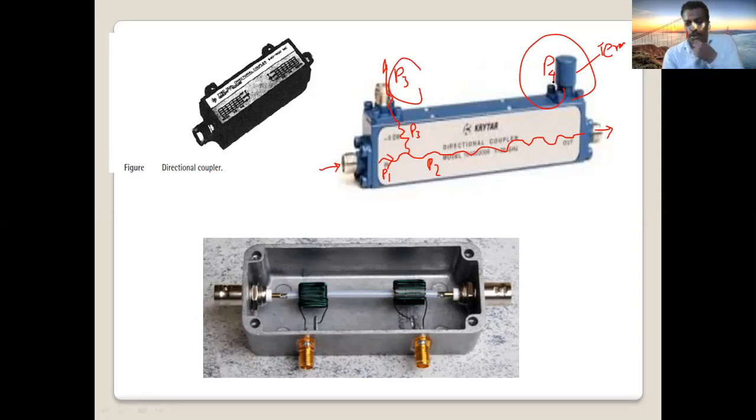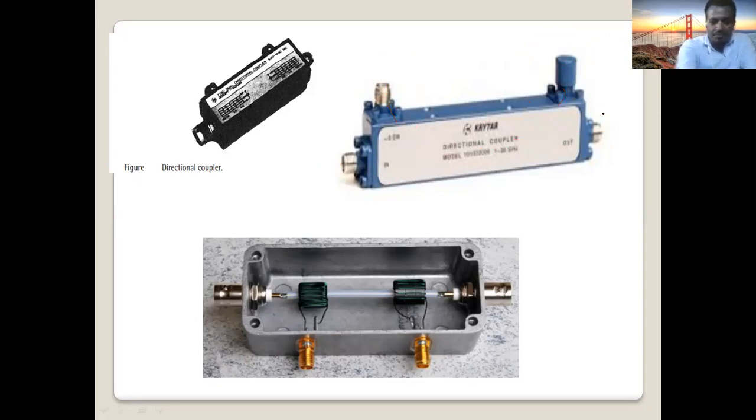Now, if you ask me why we need this isolated port, it depends on the application. In a directional coupler, you can apply a signal from this direction. If you apply a signal from this direction, this will be the input port and this will be the output port, right? Where is the coupled signal? Here.